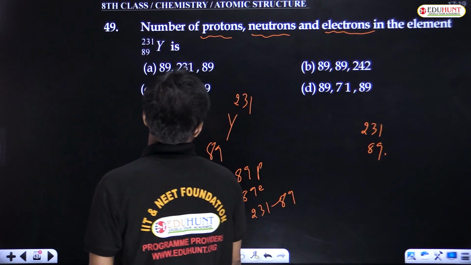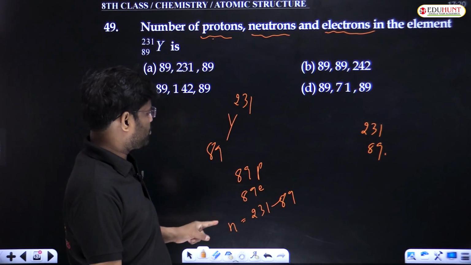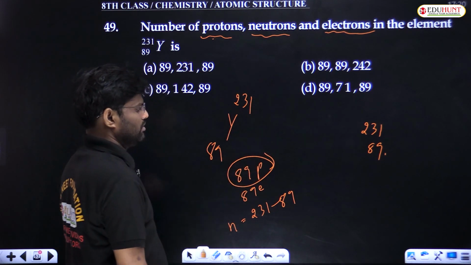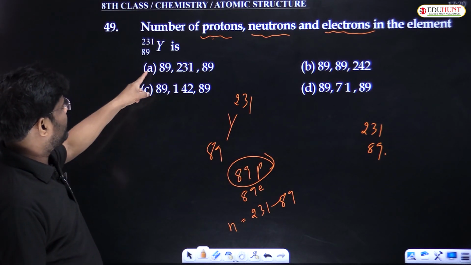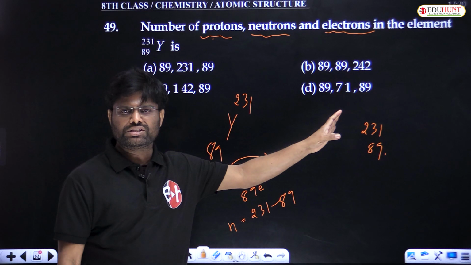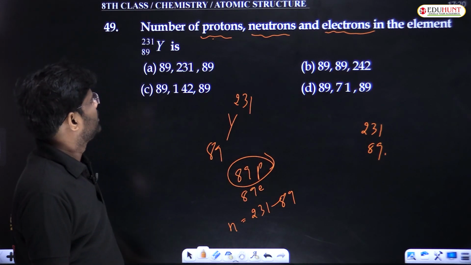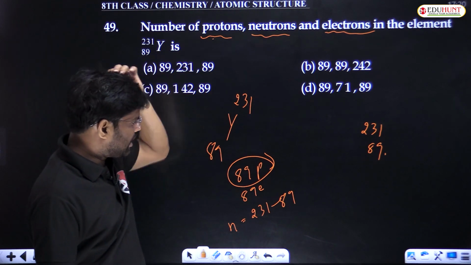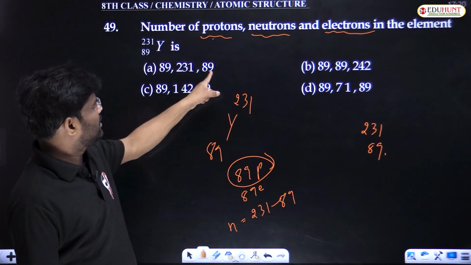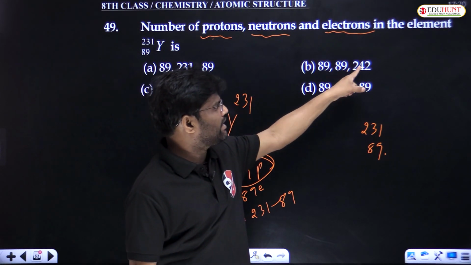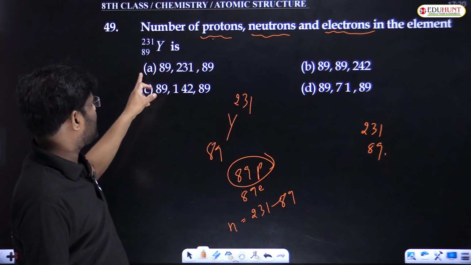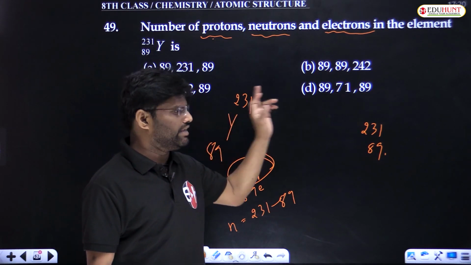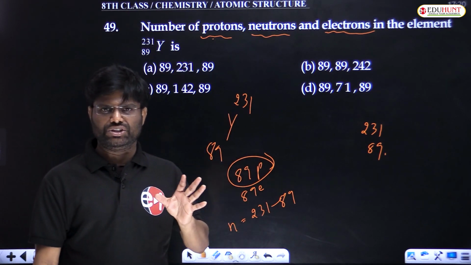First, the question is asking protons. Protons how much? 89. In all options 89 is there, so okay, leave it. Next, electrons how much? 89 only. Here 89, here 89, here 89. So maybe option A, C or D; we should check.